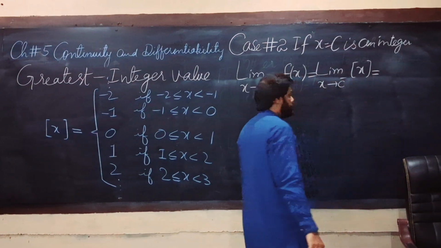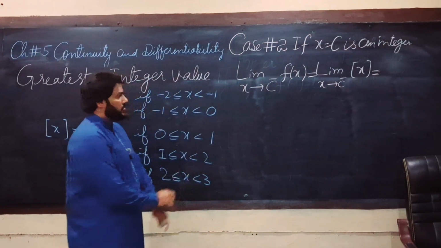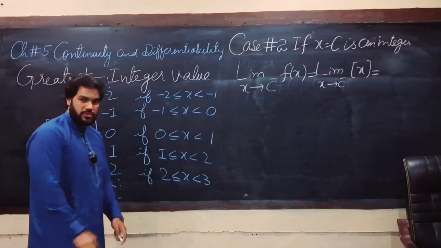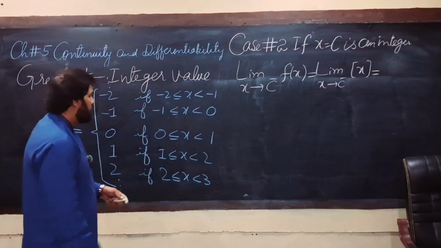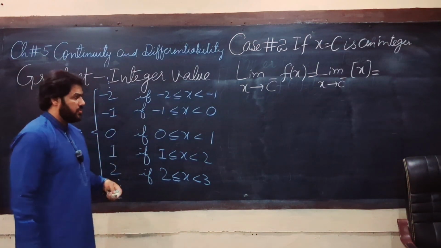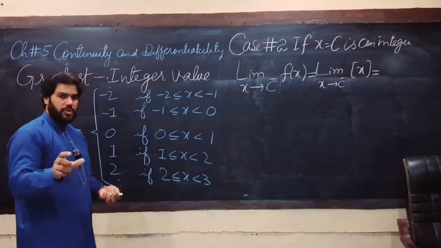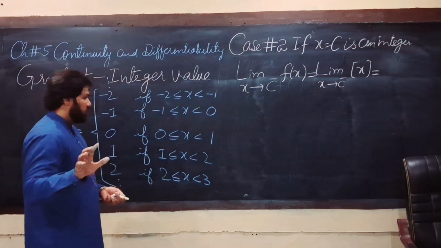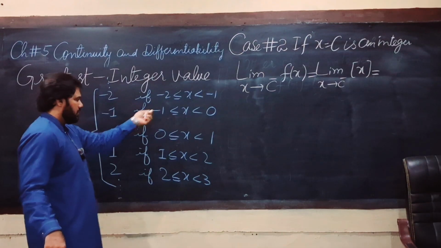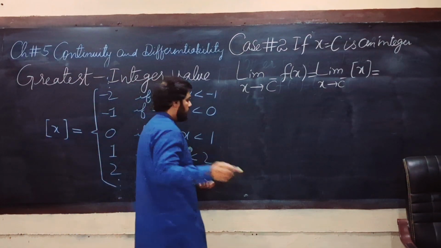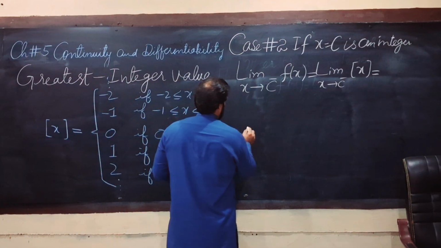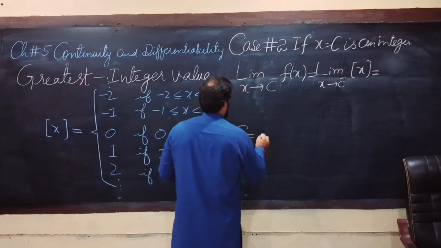How can we find the left hand limit at x equal to c? I will elaborate this left hand and right hand limit by taking a particular value of c, just for your convenience. Suppose my integer value of c is 1.